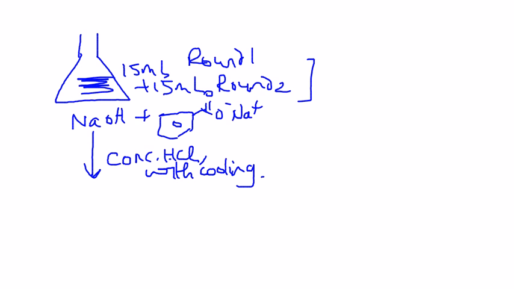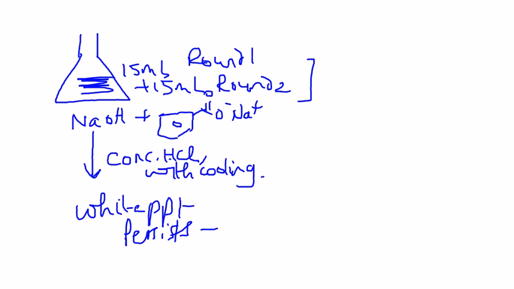It will continue to do so until it gets to a point where it no longer dissolves and that white precipitate persists. If you check the pH, that should come out to be acidic at that time.